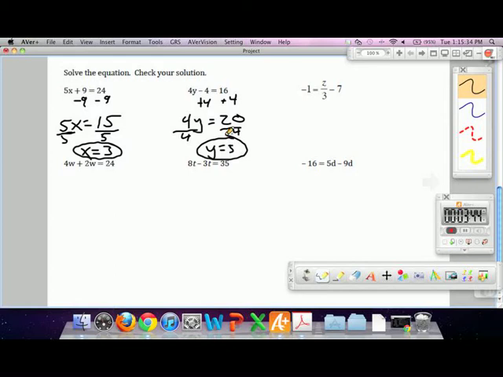If you took pre-algebra at Mill Creek, then you likely did some of this last year. How about this one? Is there anything to simplify on either side? Any like terms on this side of the equal sign? No. On this side? No. So now we come back and start undoing.